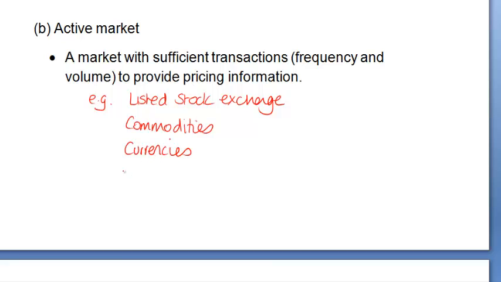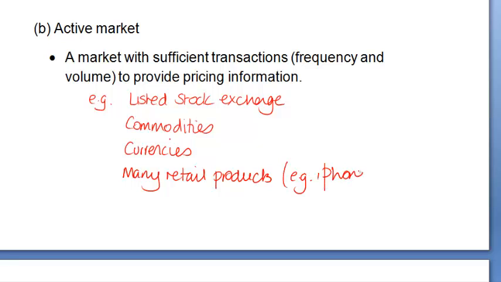Currencies, many retail products also have a fair value. There's lots of them taking place each day. So if we tried to say, well, what's the fair value of an iPhone? Does it have an active market? Well, yes, it does. There's a large number of buyers and sellers each day.